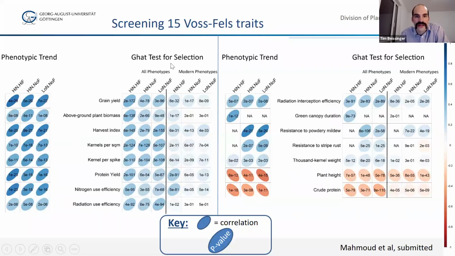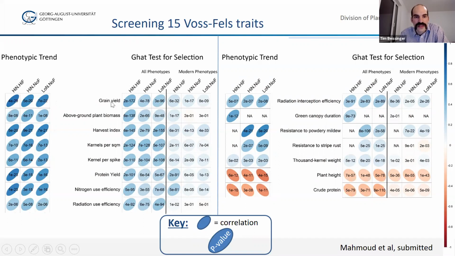Then on the right is our Ghat test for selection in 3 different environments. You can ignore the environments, they're just different fertilizer treatments, but basically we always have the same trend across environments. Our Ghat test for selection using all years of phenotypes is drawn here, and modern phenotypes only is drawn here.